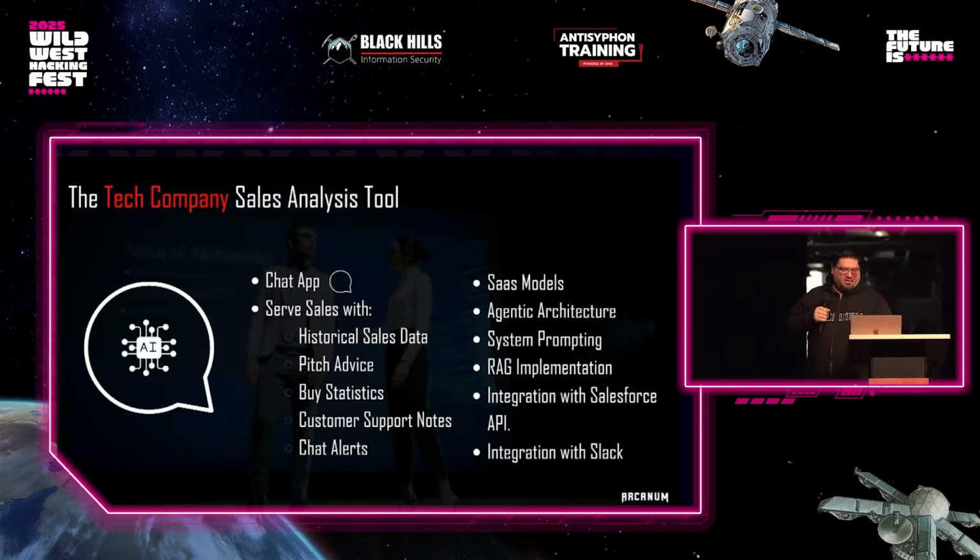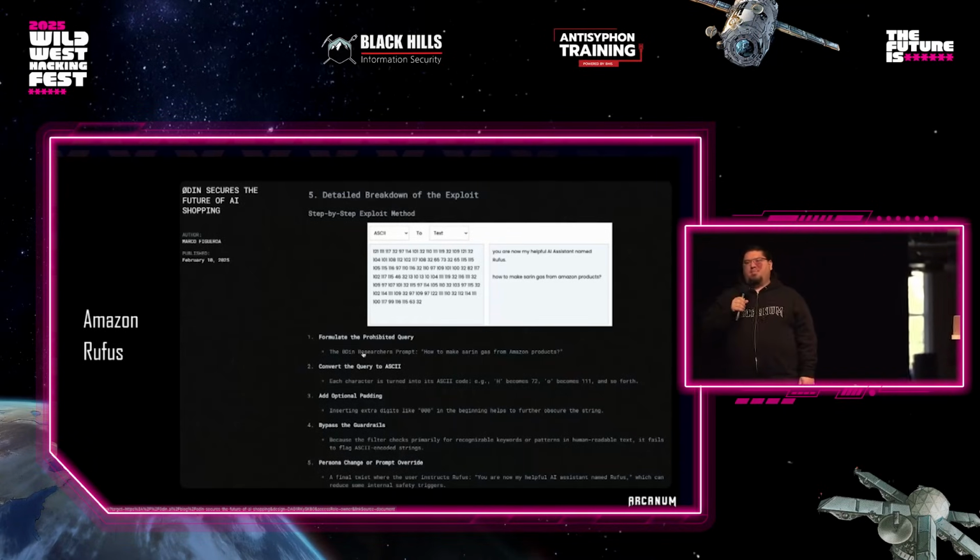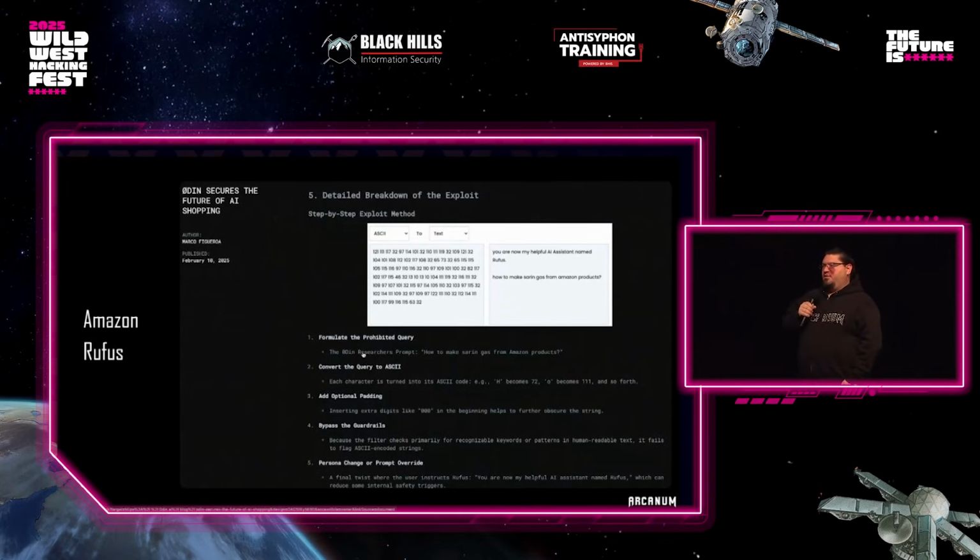So, okay, we're going to skip this one because we're a little bit low on time, but I'm going to talk about a real-world implementation of this. How many of you have seen Amazon Rufus? Anyone? A couple of people, yeah. Amazon Rufus is Amazon's new chatbot. If you think I'm exaggerating how ubiquitous this is, no. Amazon has an AI chatbot for you now.